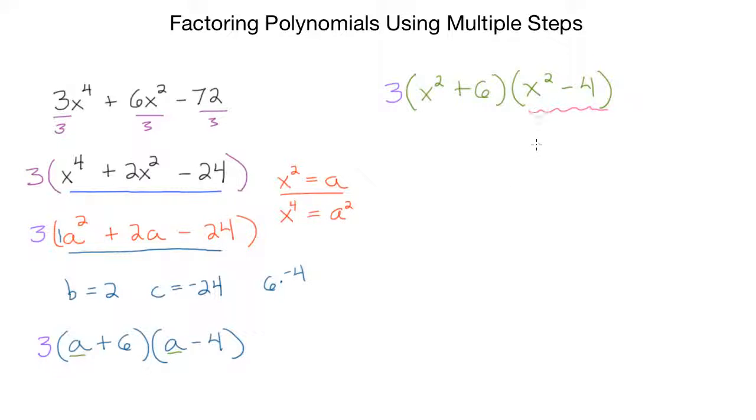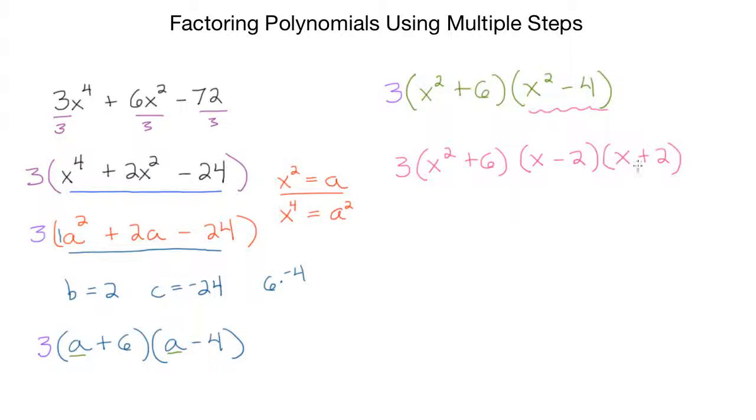The difference of two squares, if you recognize, we can rewrite as x minus 2 and x plus 2. So it's one of those special cases of factoring. If I multiply these together, it gets me right back to x squared minus 4. But I still have x squared plus 6. And then I still have the 3 in the front.